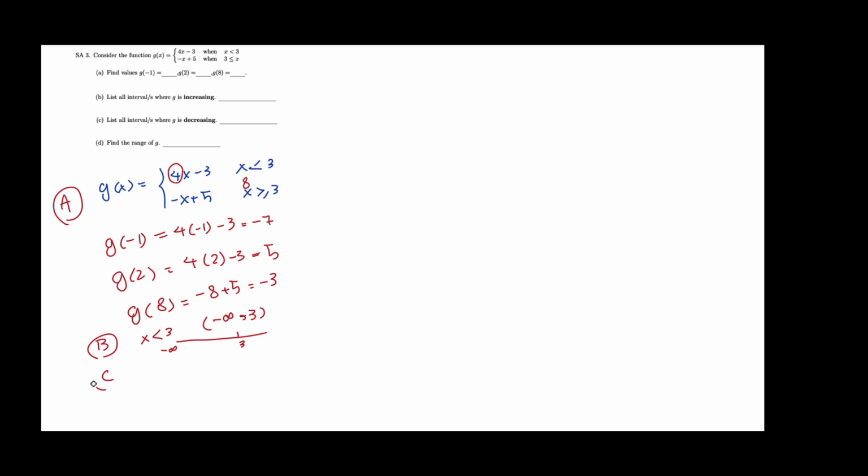For part C, it's asking at what interval g is decreasing. I can tell that the second one has a negative slope. Negative slope means decreasing. Negative slope means the rate of change is negative, and so on and so forth. Same discussion as that. And so you never include the endpoints for increasing and decreasing.